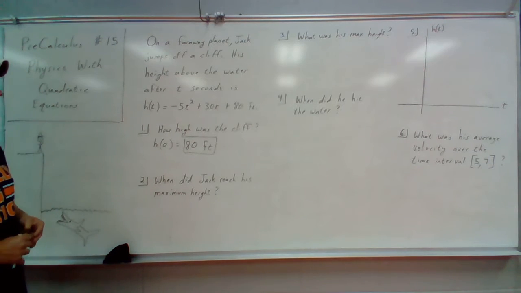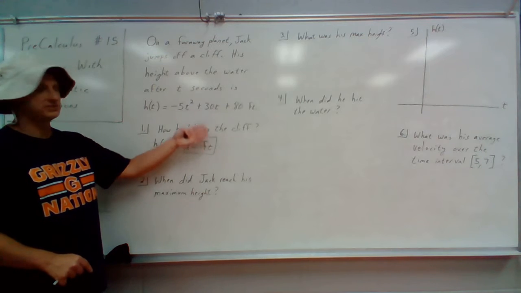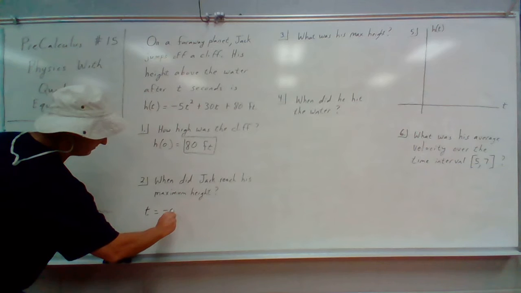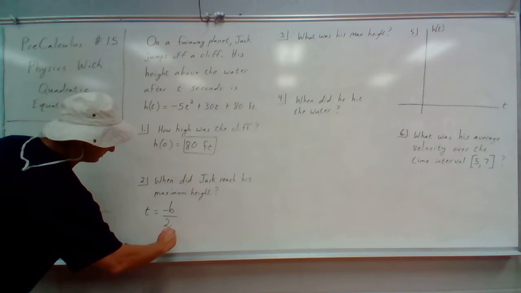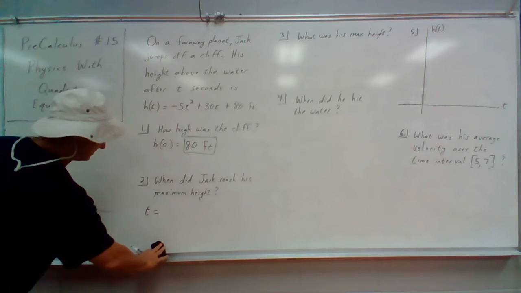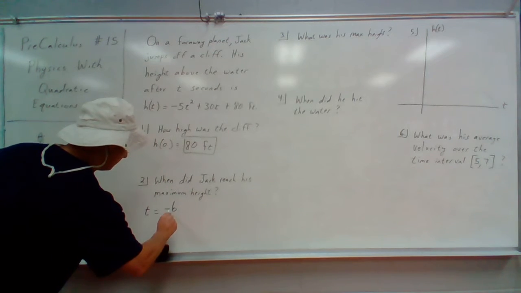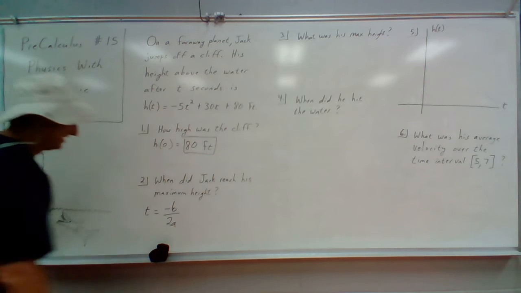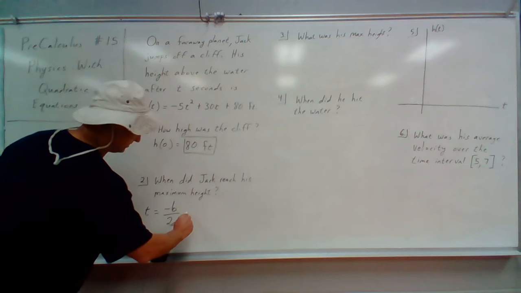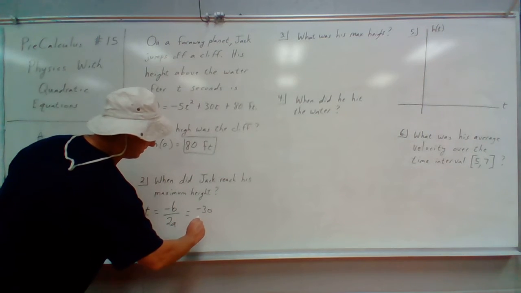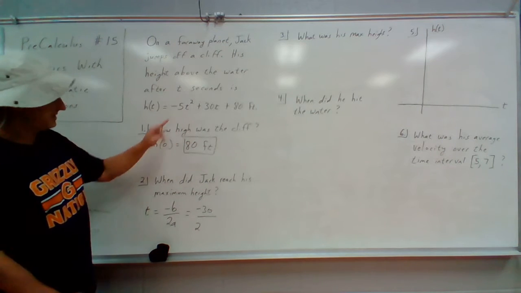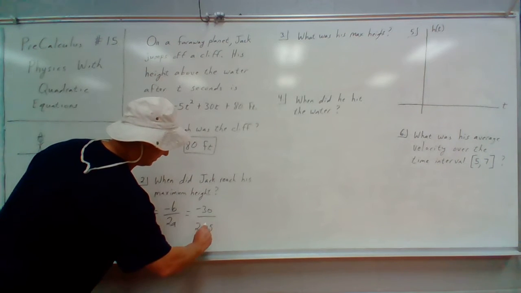How do we find the t value of the vertex? Well, you learned a simple little formula for that. So t will equal negative b over 2a. All right, so my b is 30. So that'll be negative 30 over 2 times a, which would be negative 5.